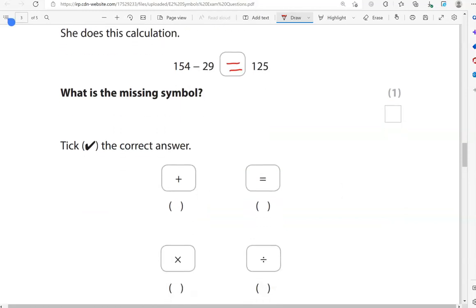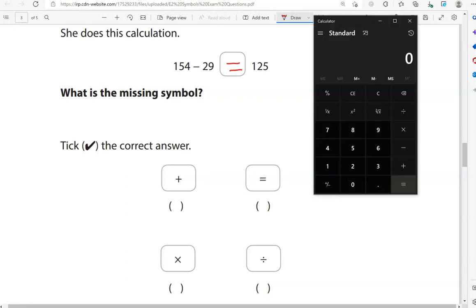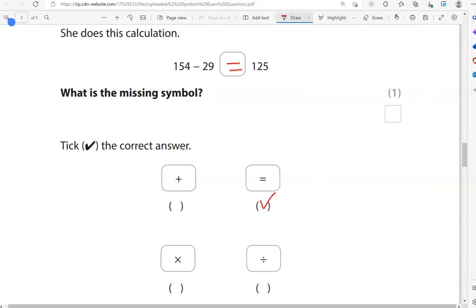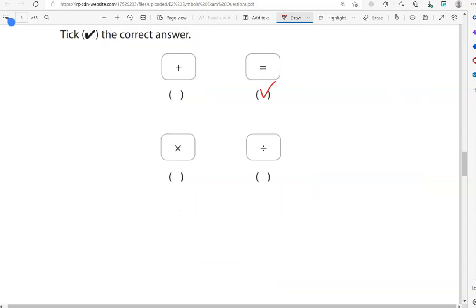So I think it's the equal symbol that is missing. I'm going to use a calculator to check that it is correct. So 154 take away 29 equals 125. So I was right. And I'm going to tick equals.